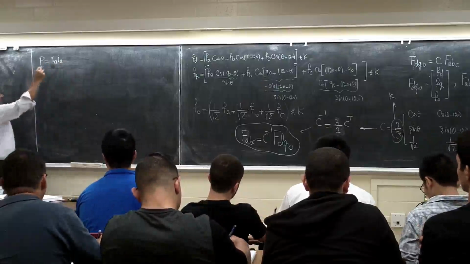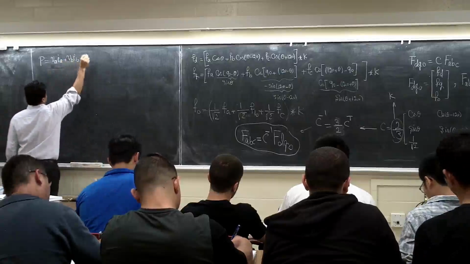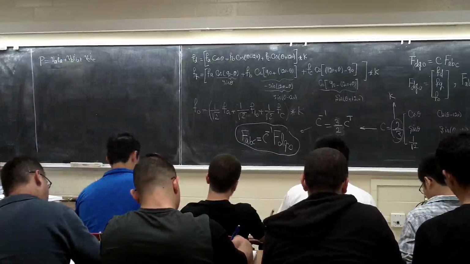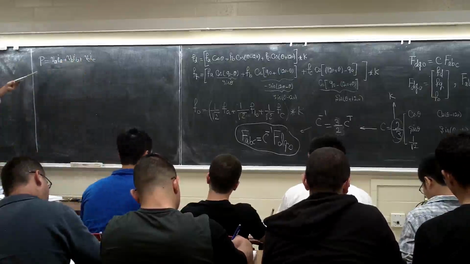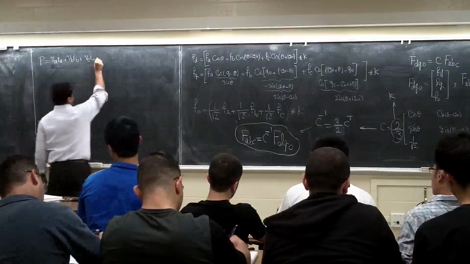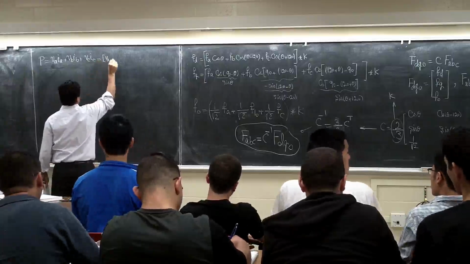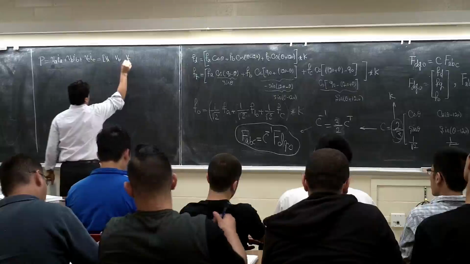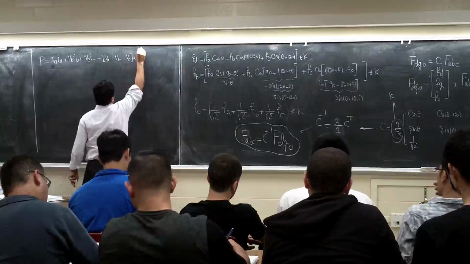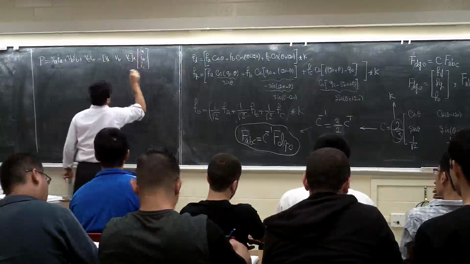P is VAIA plus VBIB plus VCIC. Is that correct? You have a three-phase system, and each phase has its power: VAIA, VBIB. I'm going to write this as VA, VB, VC times IA, IB, IC.